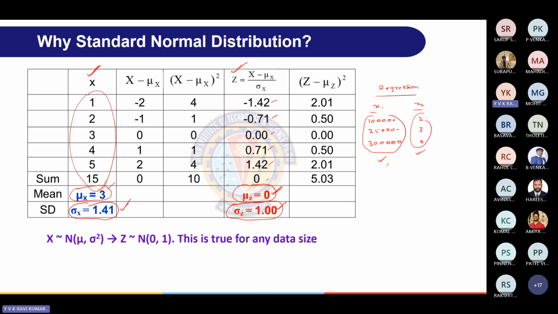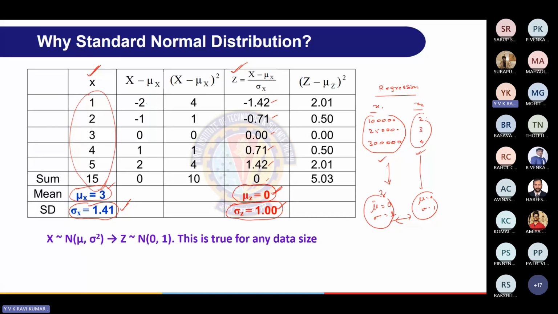So that is where we push everything. Suppose we convert it in terms of z-scores, all the values fall into this scenario where the mean becomes 0 and standard deviation becomes 1. So doing the same, mu equal to 0, sigma equal to 1. That means now all are on the same scale, so it is good to go ahead with regression or whatever.